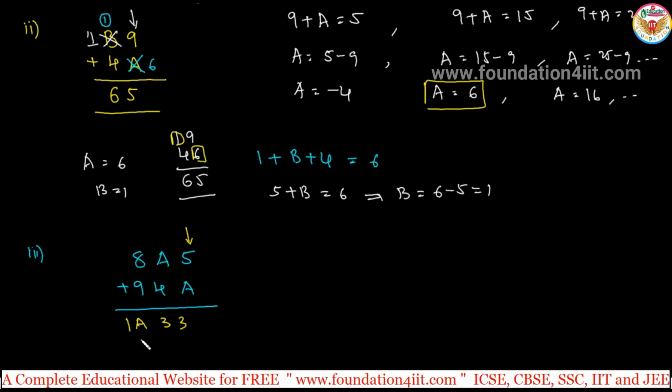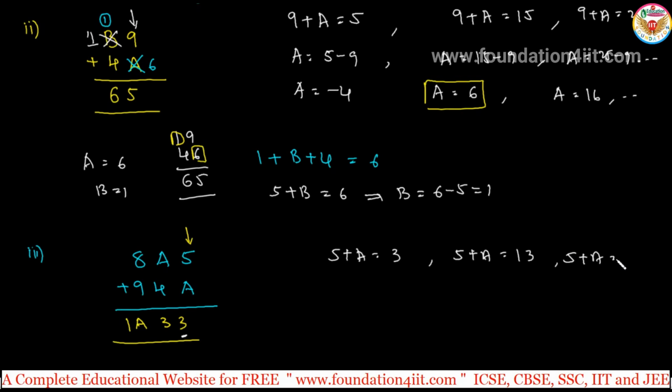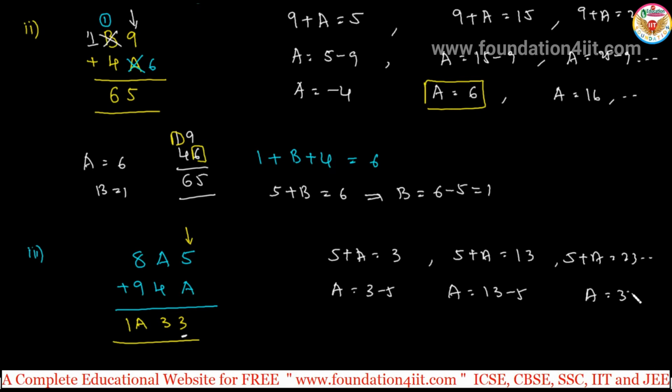1A33. In a single line, you have to check whether it will satisfy or not, because 5 plus A must be 3, or 5 plus A is equal to again 13, right? Because 3 must be in units place, or 5 plus A is equal to 23, so on. So A may be 3 minus 5, or A is equal to 13 minus 5, or A is equal to 33 minus 5, so on.